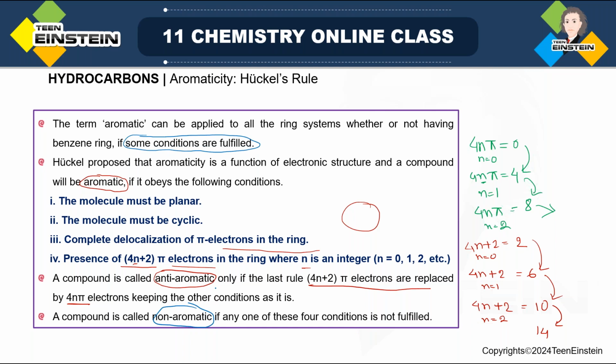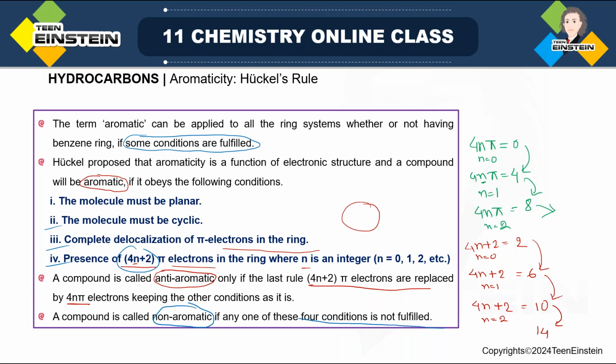And how will you understand? When you call a molecule non-aromatic, if any of these 4 conditions are not fulfilled, it will be non-aromatic. So for example, mostly you will see a molecule is non-aromatic if all these 3, that is 2, 3, 4 points are satisfied, and the 4th point may be 4n plus 2 or 4n pi. Mostly we'll see only the first point is not maintained, and then we have to call the molecule non-aromatic.